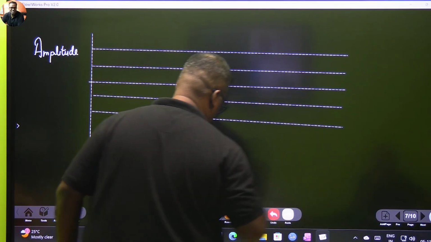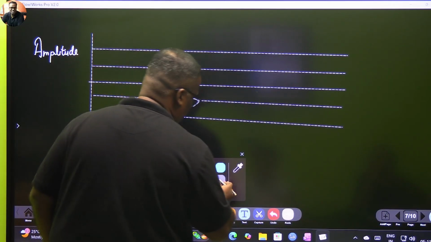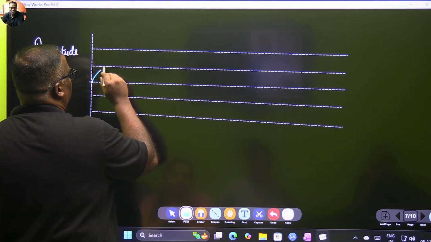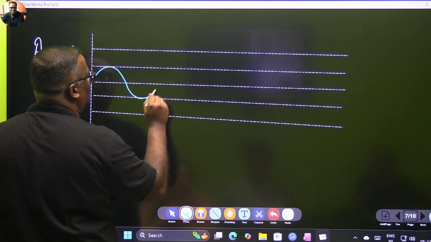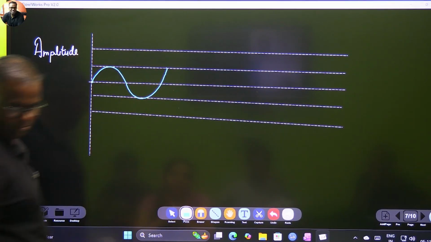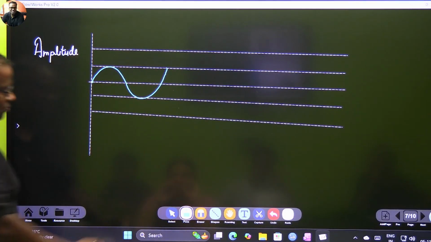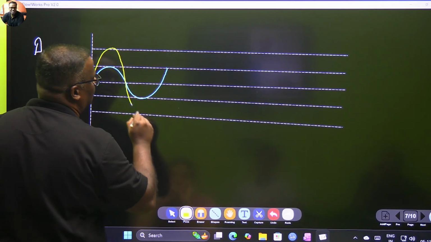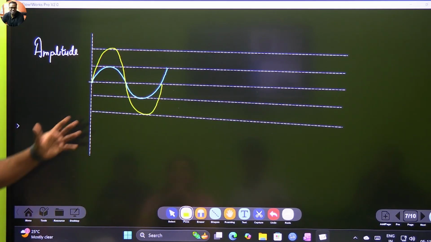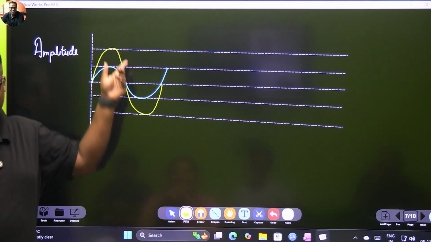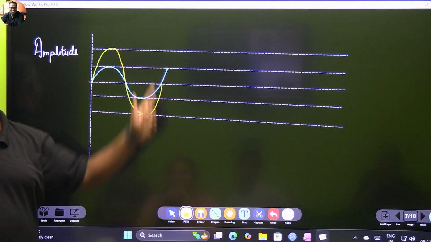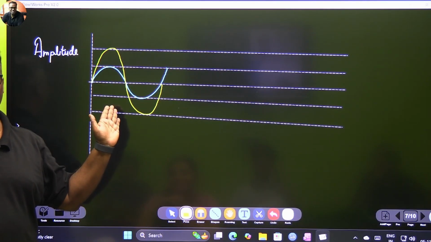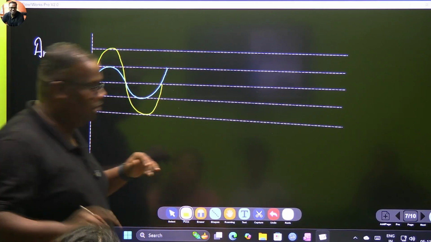So let's say we are listening to one hit song, something like Tip Tip Barsa Paani. This song is playing. What is this? Tip Tip Barsa. Same song. There is no change in melody, but amplitude is more. This is loud. What will you call it? Loud. Very good.